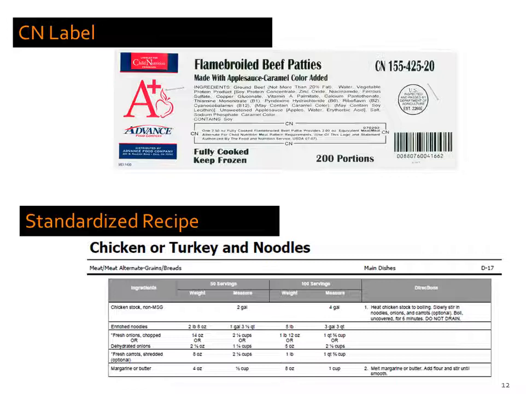This includes chicken nuggets, corn dogs, fish sticks, canned ravioli, meatballs, breaded chicken patties, hamburgers, the list goes on and on. Standardized recipes are required when 2 or more ingredients are combined. The recipe must state the ingredients, the amount, whether that be in weight or volume, the yield, and the portion size.